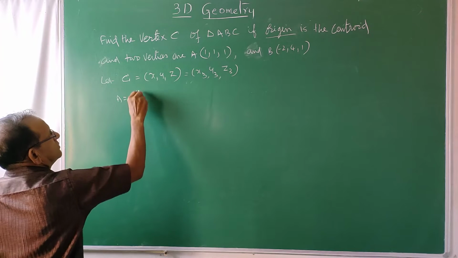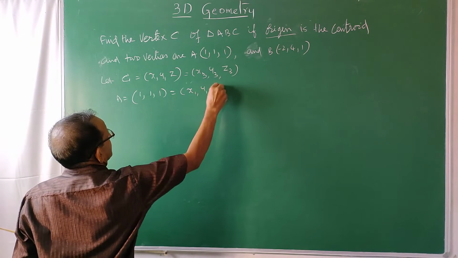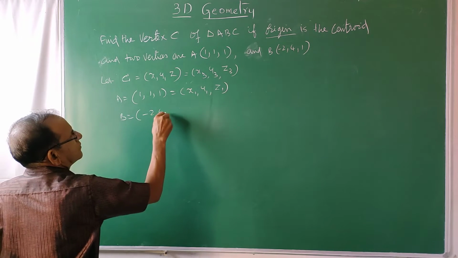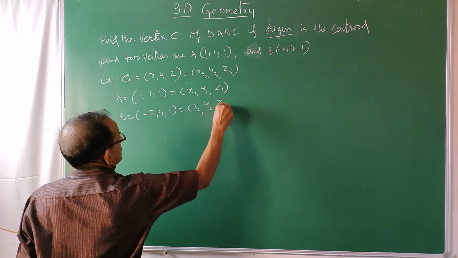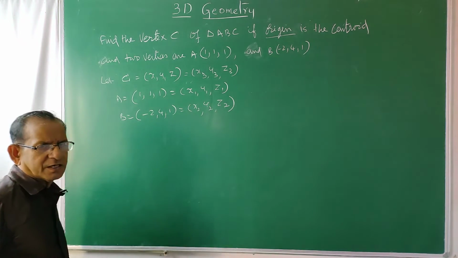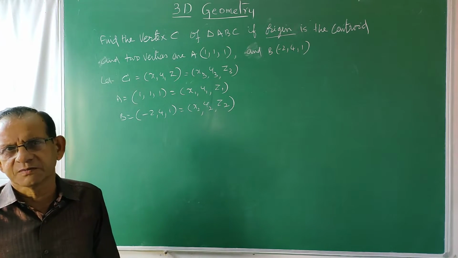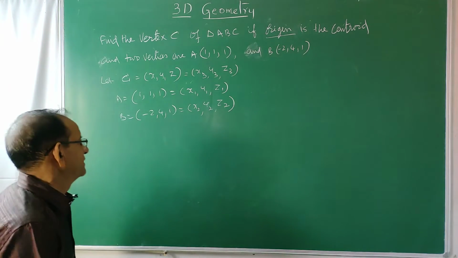A is equal to (1, 1, 1) is equal to x1, y1, z1. B is given as (minus 2, 4, 1) is equal to x2, y2, z2. We know that the centroid of triangle ABC is (x1 plus x2 plus x3) by 3, (y1 plus y2 plus y3) by 3 and (z1 plus z2 plus z3) by 3.